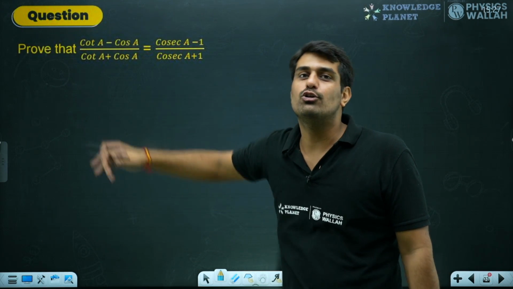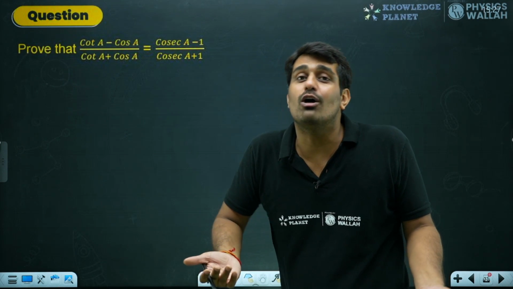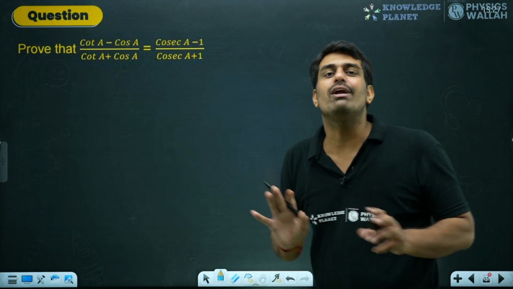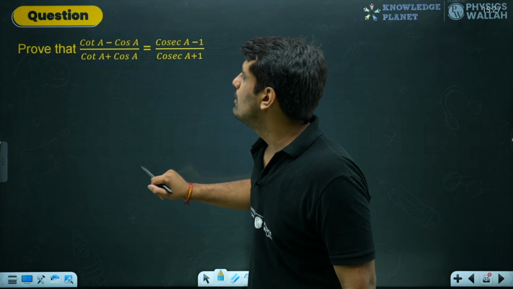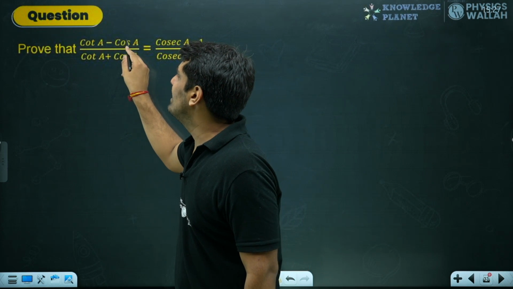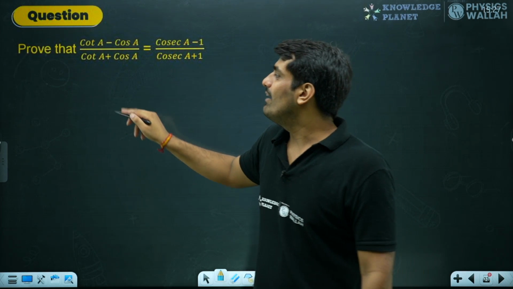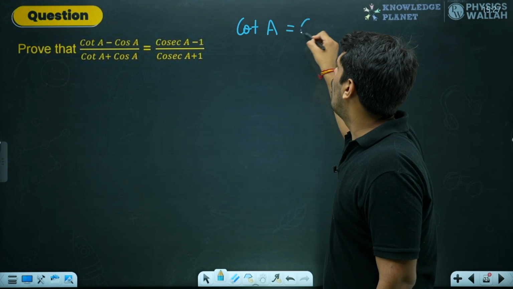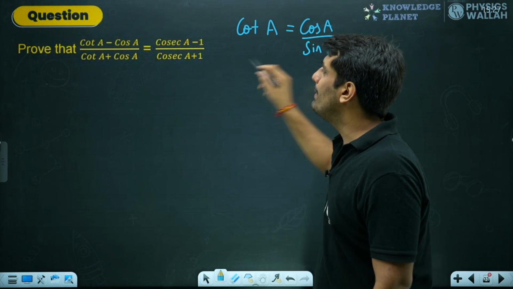Do the transformation like this. Cot theta is written, so cot can be written in the form of sine theta or cos theta. And while you are solving this, use the logical thing. What logical thing? The trigonometric identities. Let's take one example, you'll get a better understanding. Over here, let us take the left hand side. Cot A minus cos A upon cot A plus cos A. I'll use cot A equal to cos A upon sine A. I am replacing this cot value.